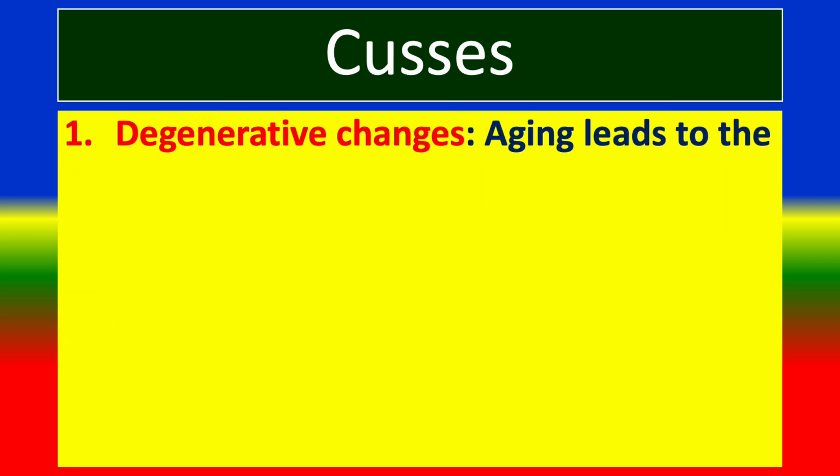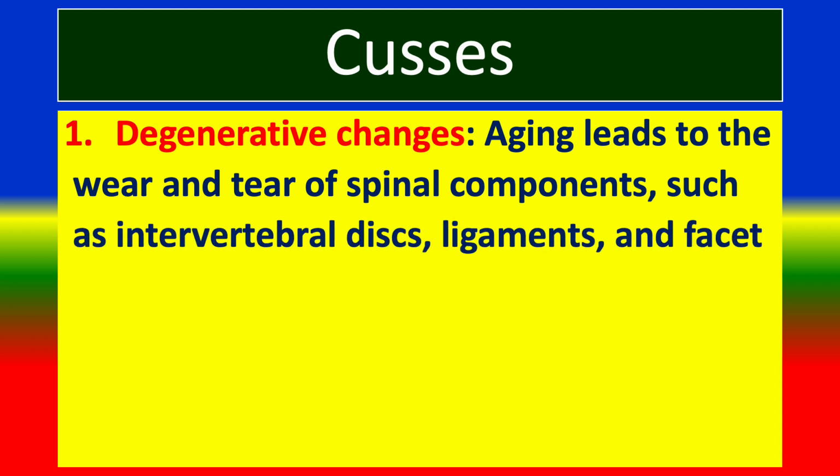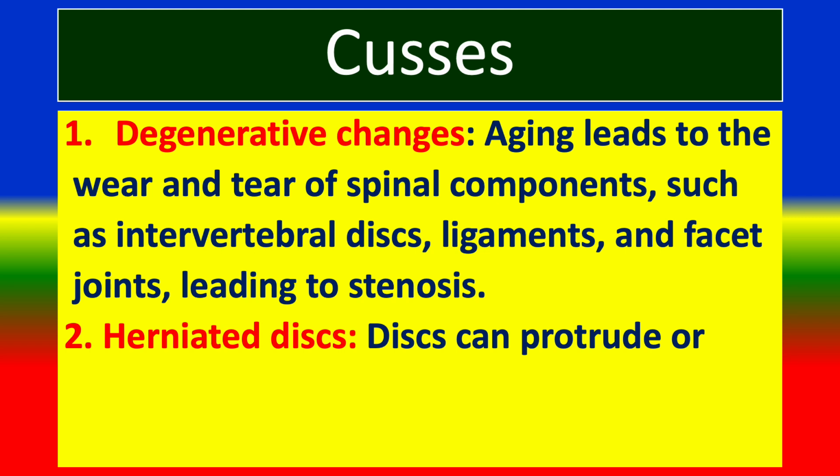What are the causes? 1. Degenerative changes. Aging leads to the wear and tear of spinal components such as intervertebral discs, ligaments, and facet joints, leading to stenosis. 2.